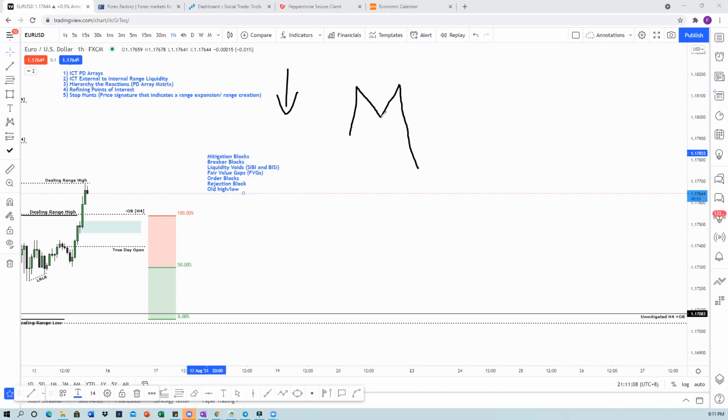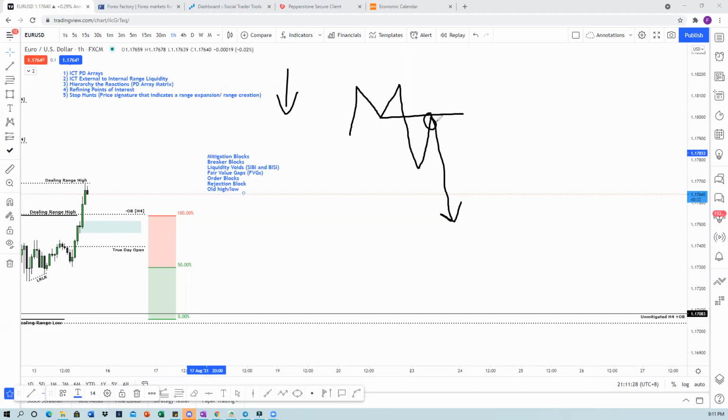This here is the point at which it becomes a mitigation block. So you would reasonably expect price to come back here and then sell off.